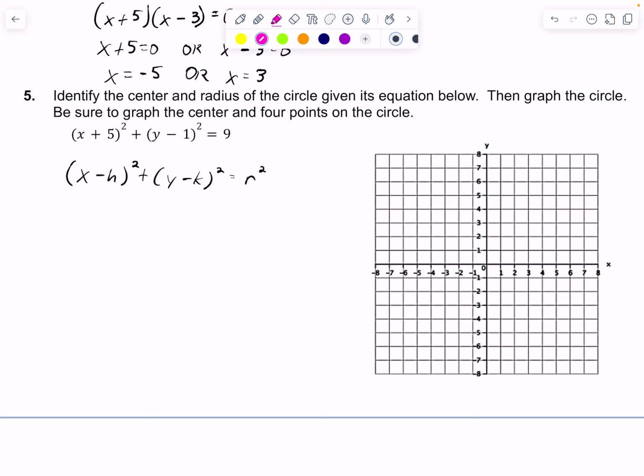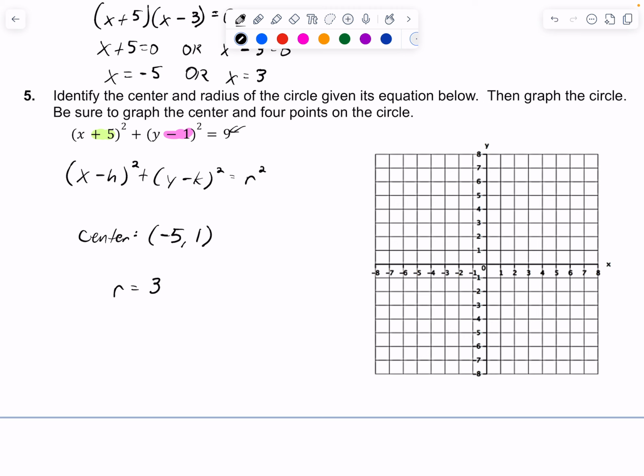So when I'm looking here in my parentheses, I see plus 5, but my center, I'm going to think opposite, so that's going to be a negative 5. Same thing with my y. I see minus 1, so when I pull that out, it's going to be the opposite of minus 1, which is positive 1.